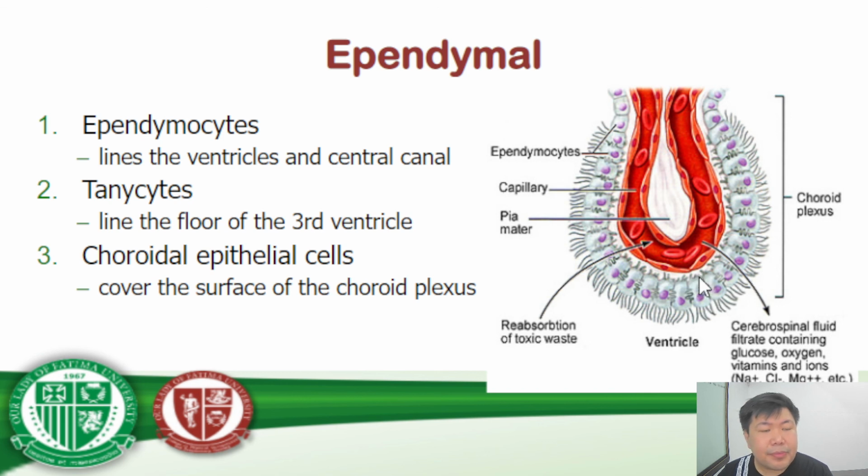Okay? So, yung types of ependymal cells depende sa location. So, kapag nasa central canal of the spinal cord ka, ang main ependymal cells na nandoon are ependymocytes. Pag nasa third ventricle ka, ang main ay tanycytes, and your choroidal epithelial cells are found naman in the choroid plexus.